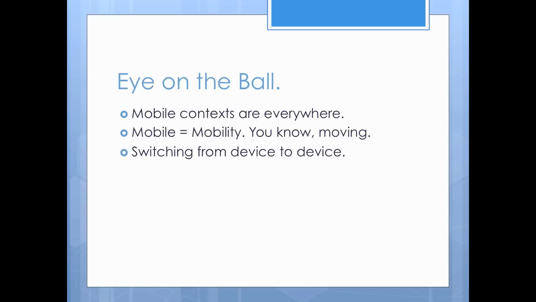So the reason that's helpful is if you're thinking about those from a design perspective, you can help facilitate those transitions. And in fact, the upcoming iOS 8 release, they've really come up with a slick story for that, in terms of being able to start writing something like an email on your iPhone, and then literally you go to your desktop and it recognizes that you're working on that, and you can pick up right where you left off.